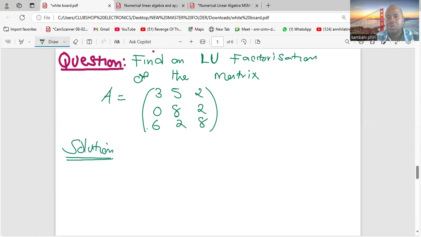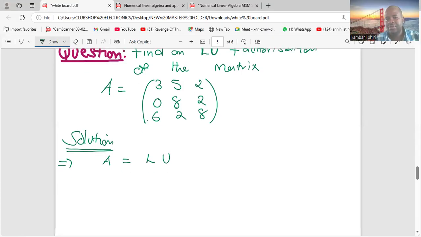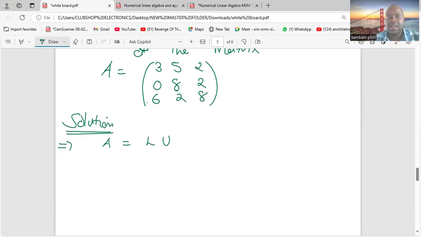So to come up with an LU factorization of A, this means that we need to express A as a product of the lower matrix and the upper matrix. There are a lot of ways that we can use to do this.